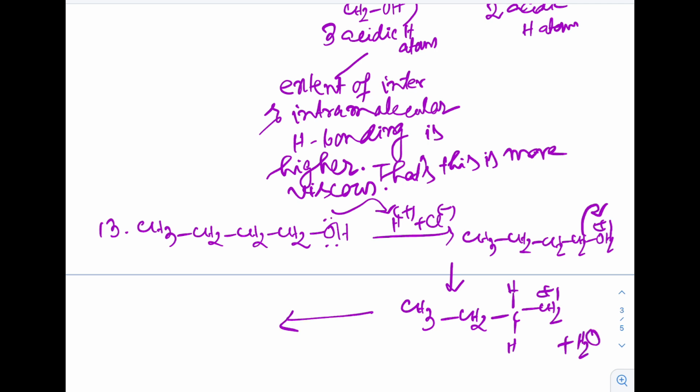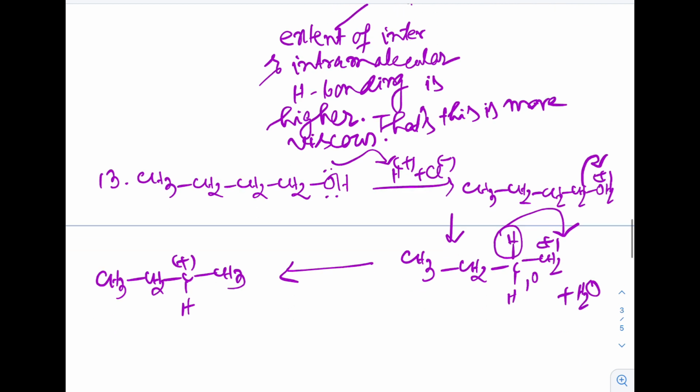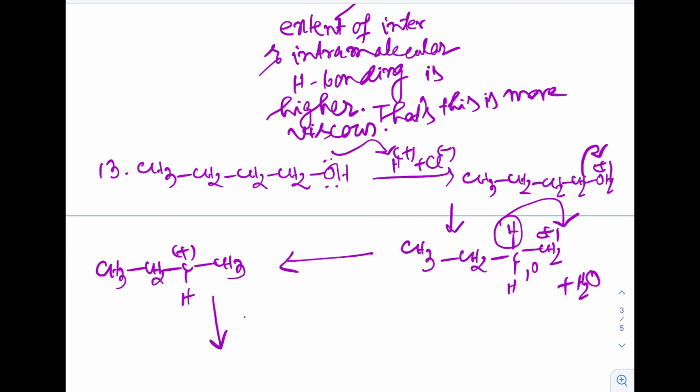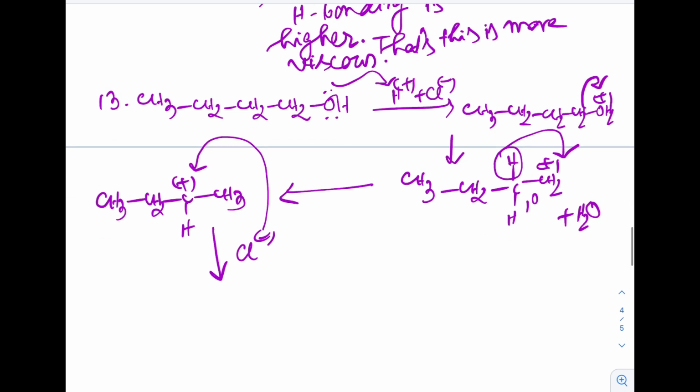This is a 1 degree carbocation, unstable; a 1,2 hydride shift will take place to produce the more stable 2 degree carbocation, and then the remaining Cl minus attacks it.